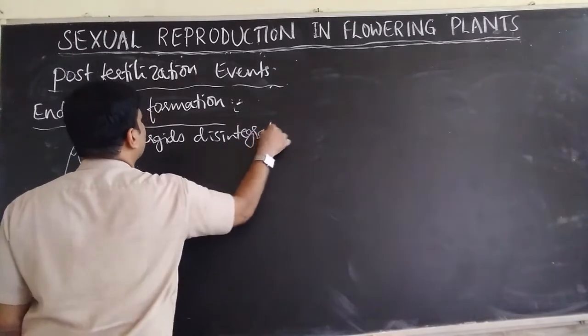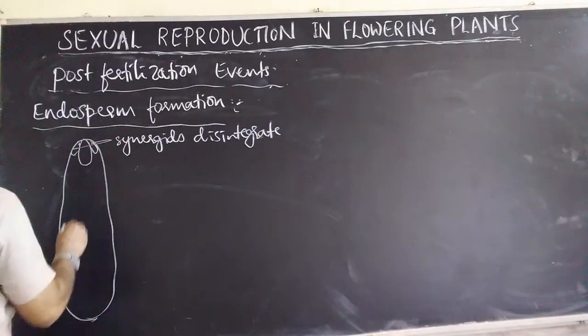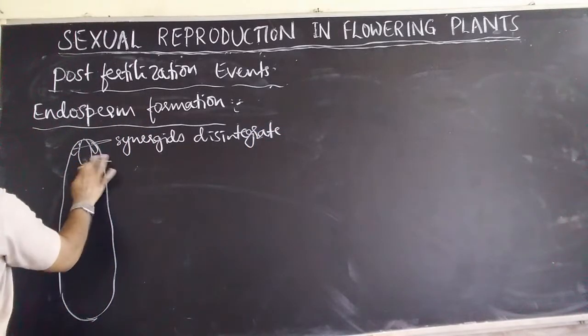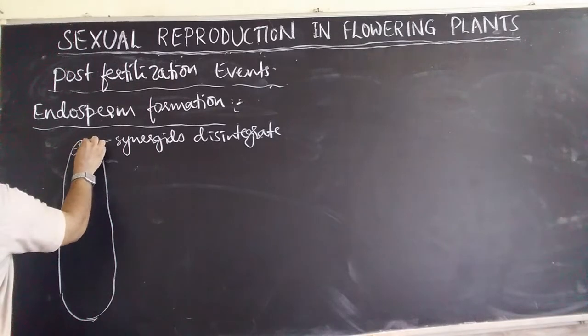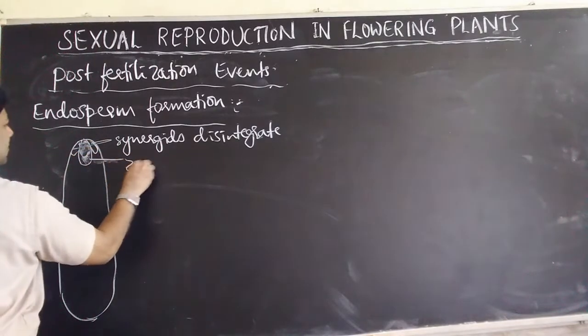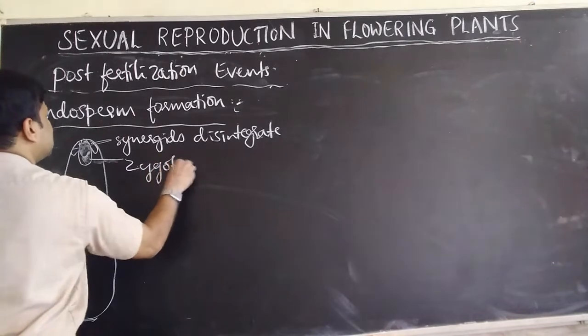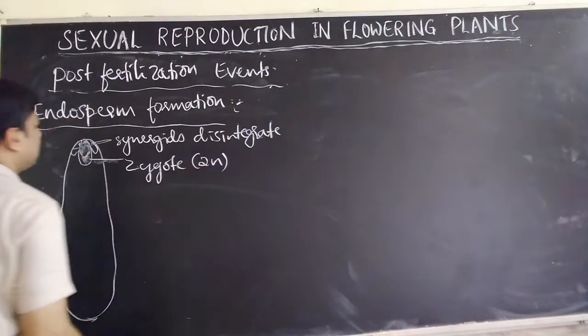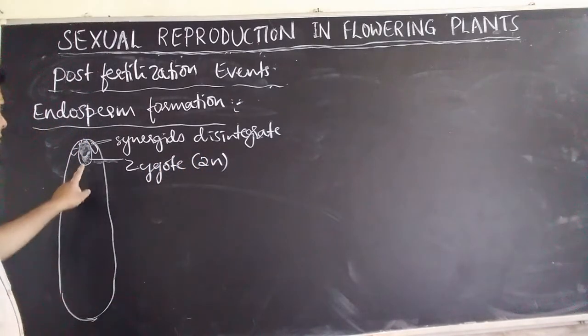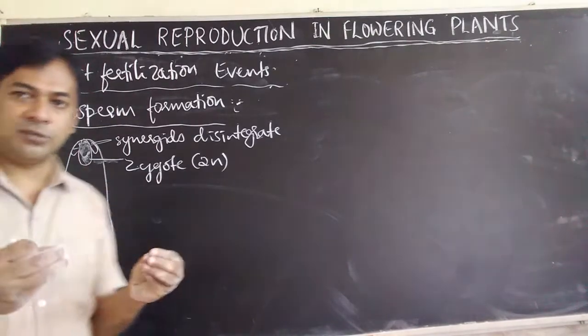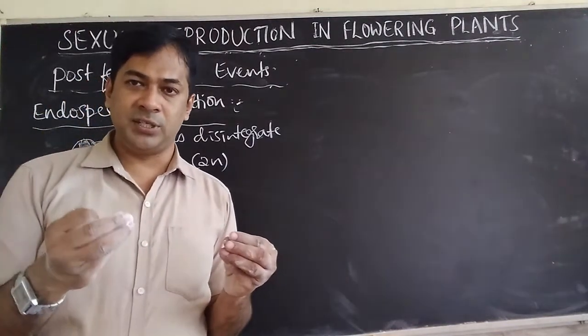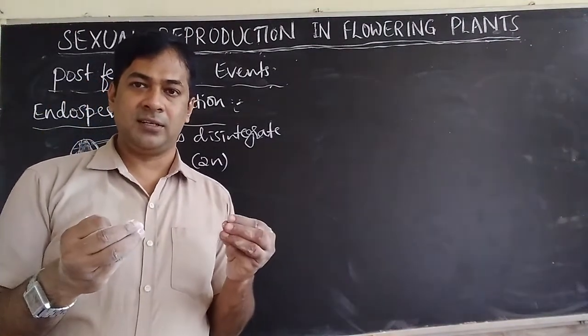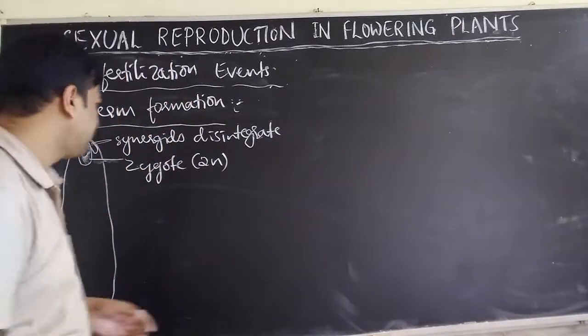Disintegrate means they become smaller and they disappear. And this is the egg. Now, after fertilization, what happened? This became the zygote. This is diploid, 2N. Why is it 2N? Because the zygote is produced by fusion of the male gamete nucleus with the egg. N plus N became 2N.